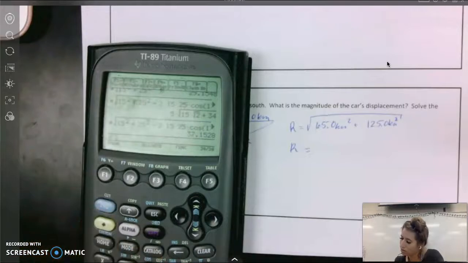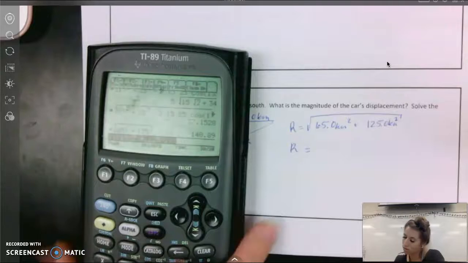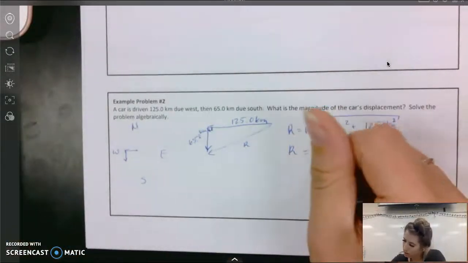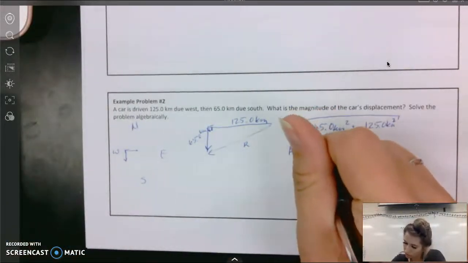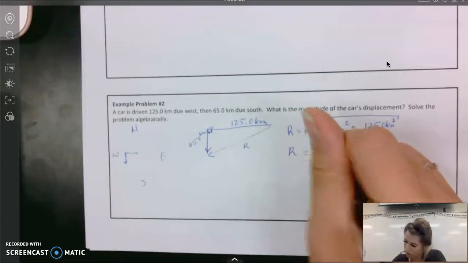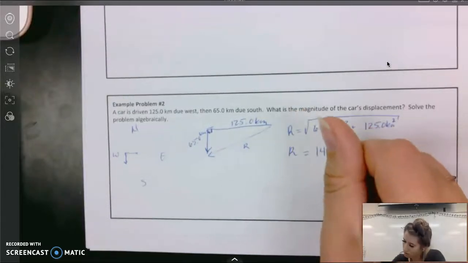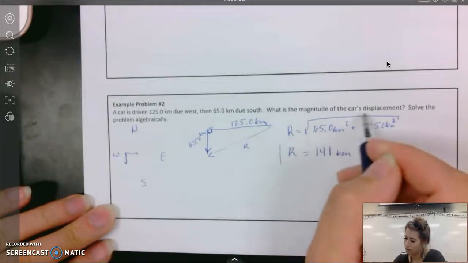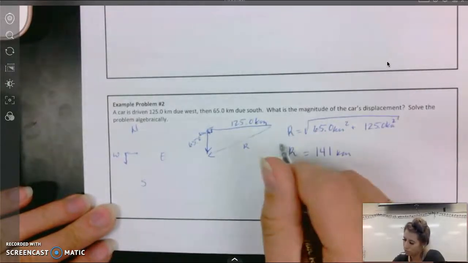So we have the square root of 65 squared plus 125 squared. So 3 sig figs, 141 kilometers. Okay, that's the magnitude of the car's displacement.